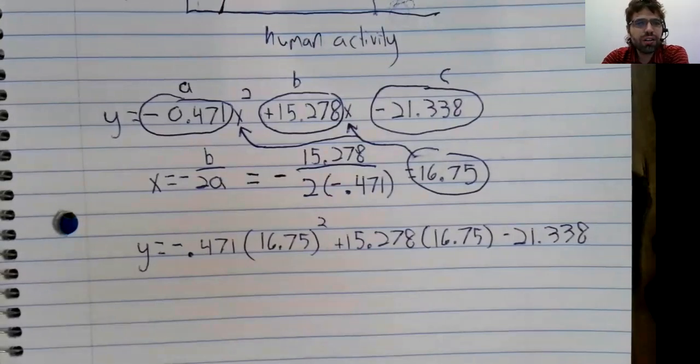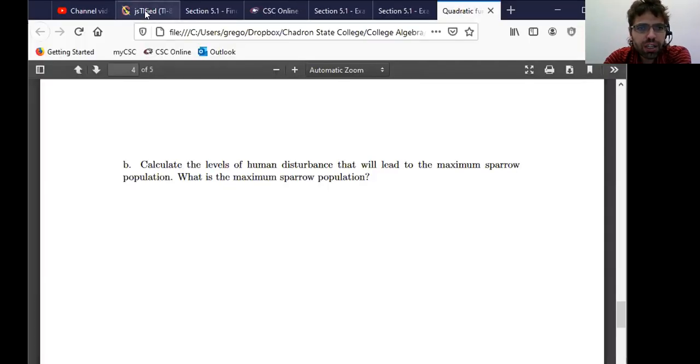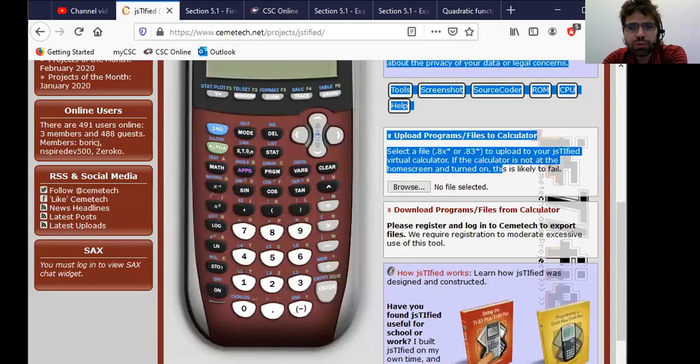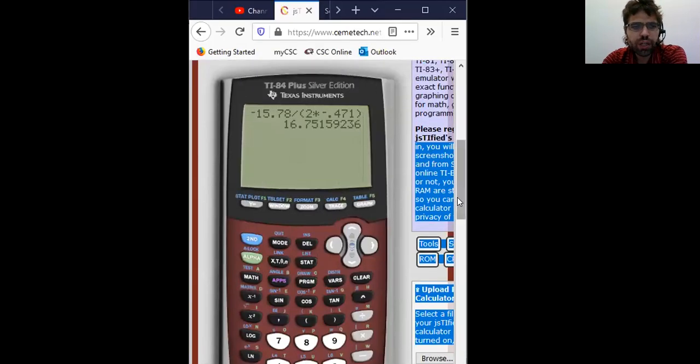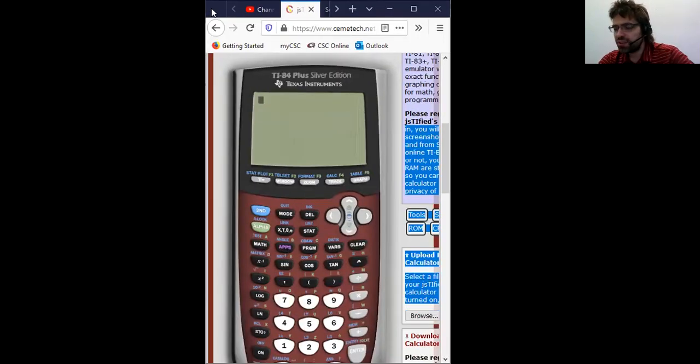And there's nothing very exciting about to happen. We'll go to our calculator, and this is the kind of tedious part of the problem.